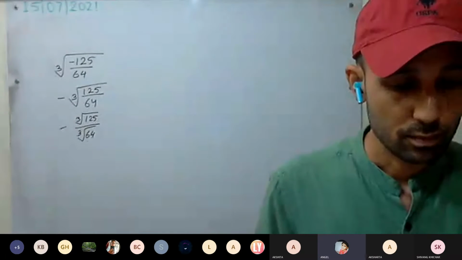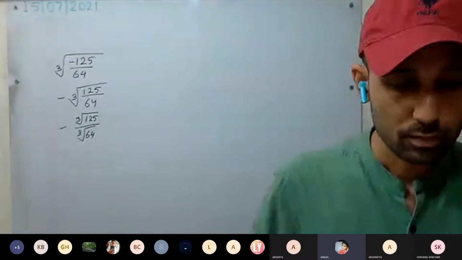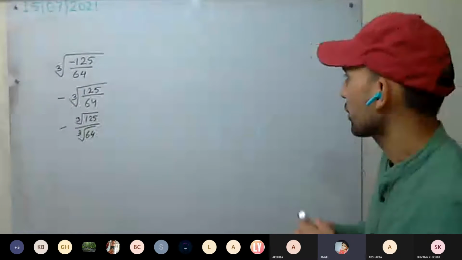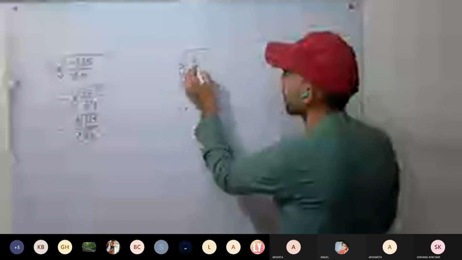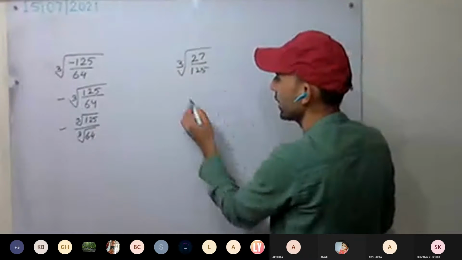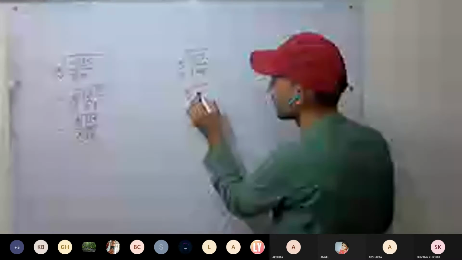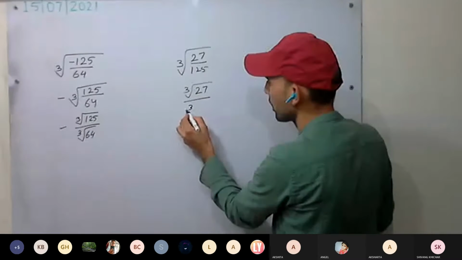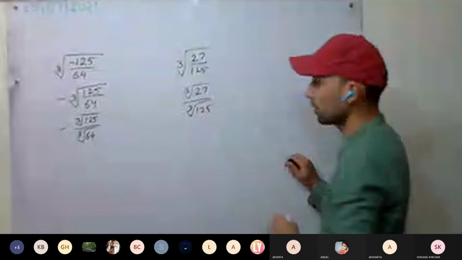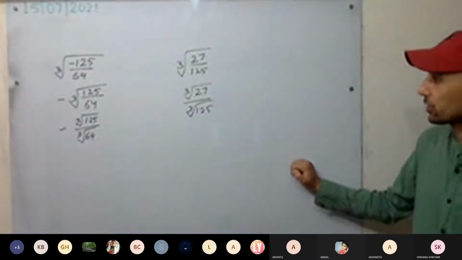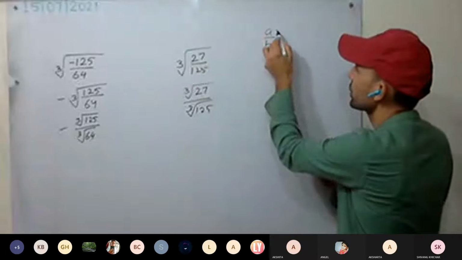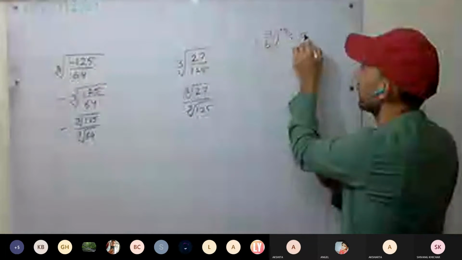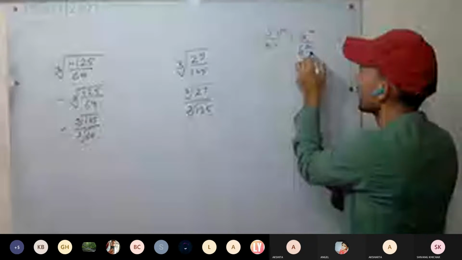Sir, can you once again solve the eighth, 27 upon 125? Okay, how much have you got? Can we write it like this? You all know, in exponents we have done (a by b) raised to the power m equals a raised to the power m upon b raised to the power m.